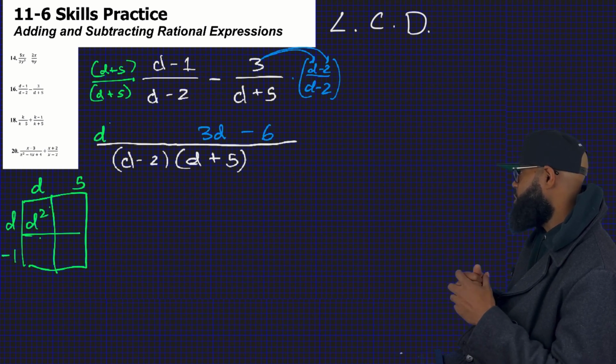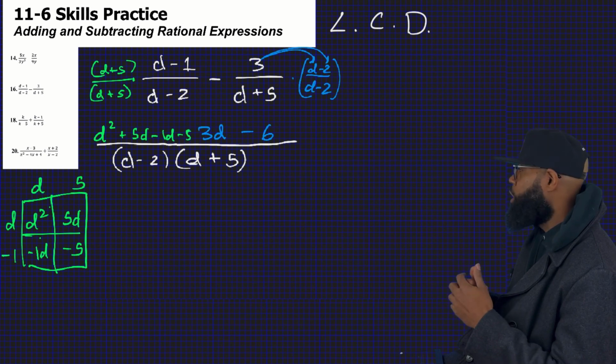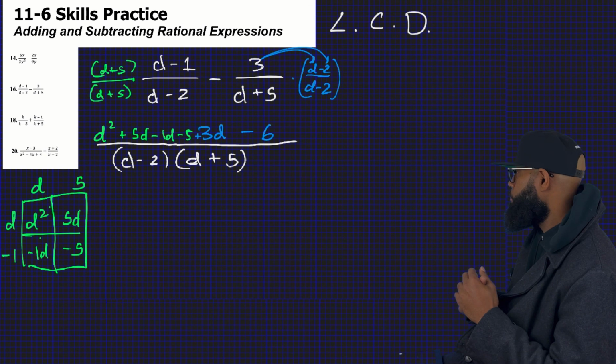And then just d times d, 5 times d, negative 1 times d, and then of course negative 1 times 5. And like we've seen so many times, we're going to collect the diagonal, the middle terms: 5d and negative 1d. So a nice long numerator now.